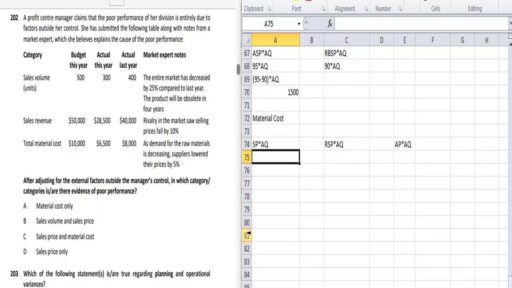I feel it's easy going through the chart, so I used to do this calculation using the chart. So what is the selling price? We need to calculate.